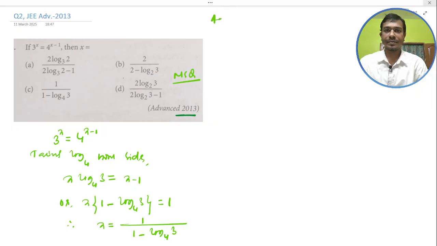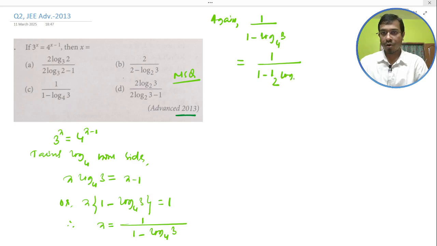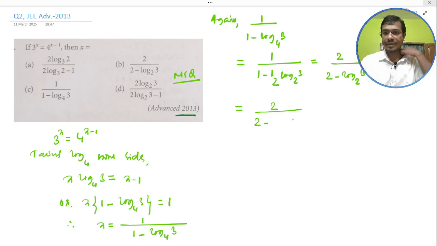Again, 1 by 1 minus log 4 to the base 3 is written in another form as 1 minus half log 2 to the base 3. This is nothing but 2 by 2 minus log 2 to the base 3. This is equal to 2 by 2 minus, written in the form 1 by log 3 to the base 2.